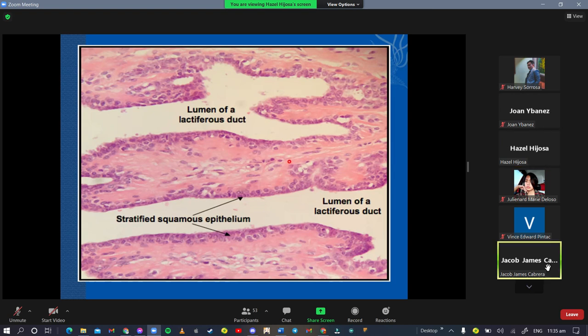Is it still lined with stratified squamous? I don't think so, Doc. So what is the lining epithelium of the lactiferous sinus? I'm not really sure, Doc. Is it like a connective one? I don't know. Okay, so it is lined by a single layer of either columnar or cuboidal cells.